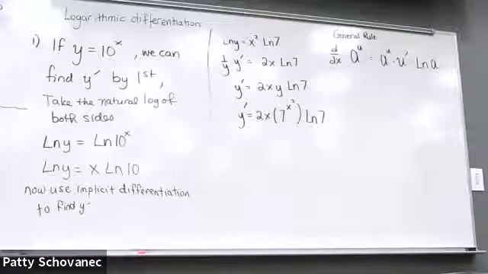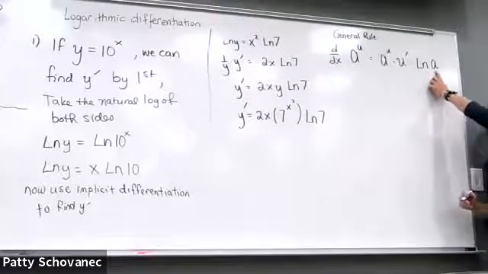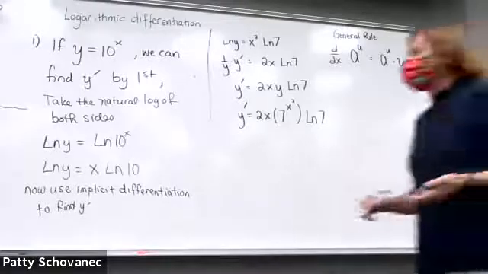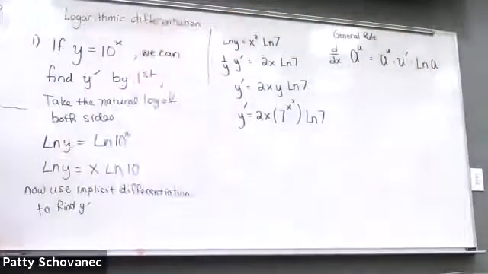That fits the derivative of e to the u because the natural log of e is just 1. Now I use the natural log here instead of a log base 10, but we can derive a formula for the derivative of logarithms of other bases as well.